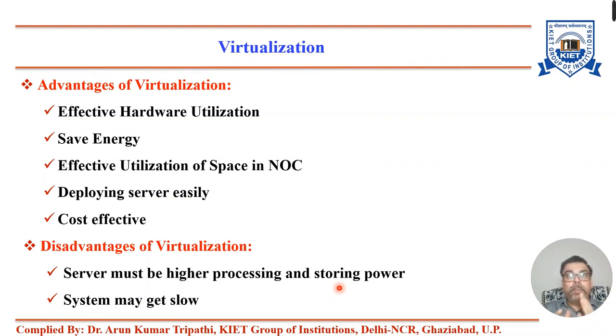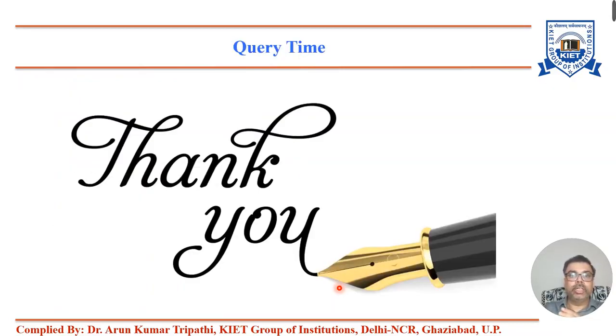Similarly, the processor will switch from one OS to another OS, so the processor must have higher processing capacity. Another disadvantage is that the speed may get slow. If the processor or the memory is not sufficient, it will respond very slowly. So this is the disadvantage.